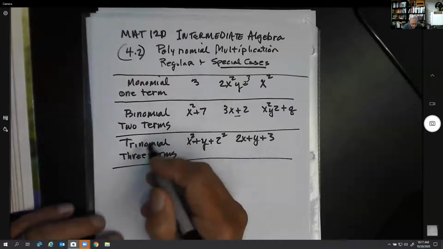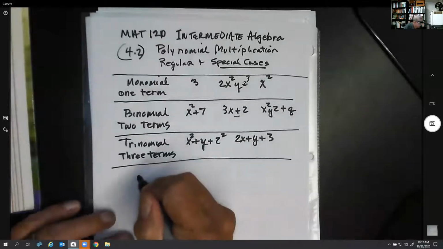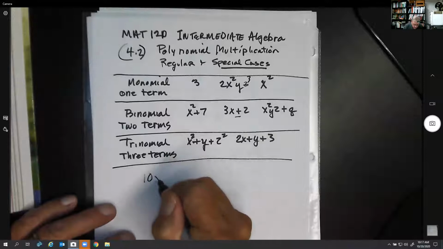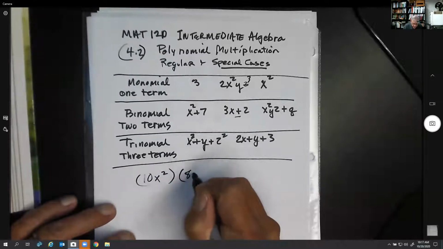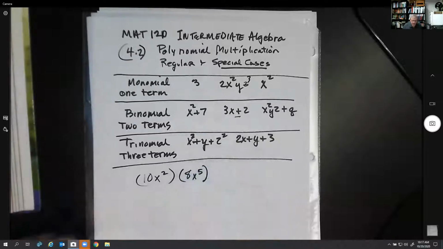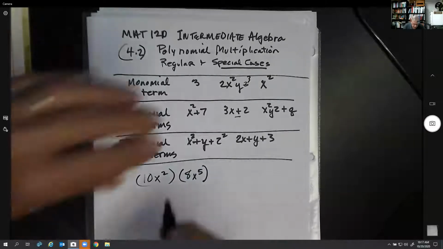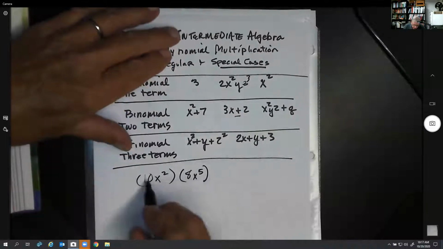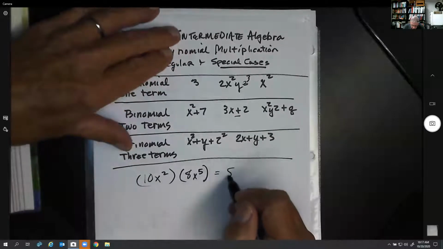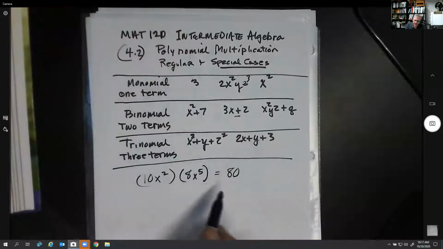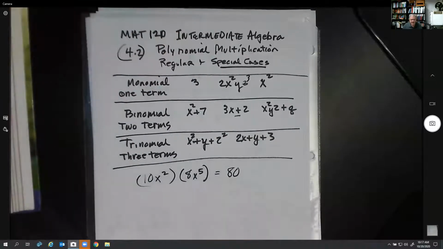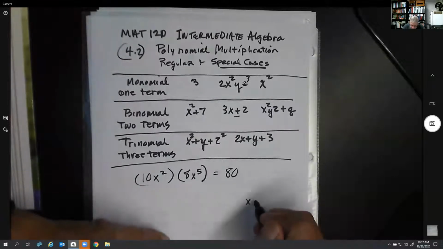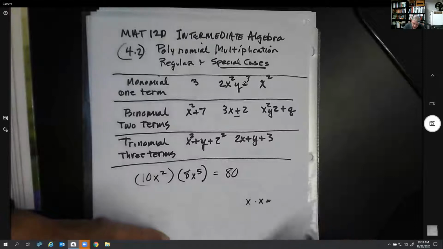Let's do a monomial times a monomial, just a basic 10x squared, an example out of the book, times 8x to the fifth. Pretty easy, but the main thing you have to remember: we can multiply the whole numbers, obviously, 80. What do we do with the exponents? Do we multiply those exponents? Would that be x to the 10? Sometimes we have x times x. Why is that x squared?